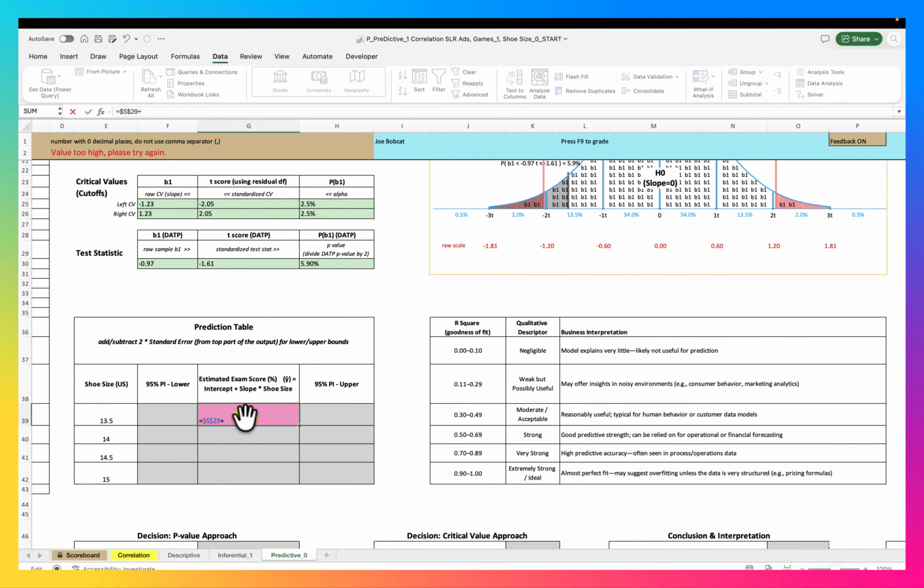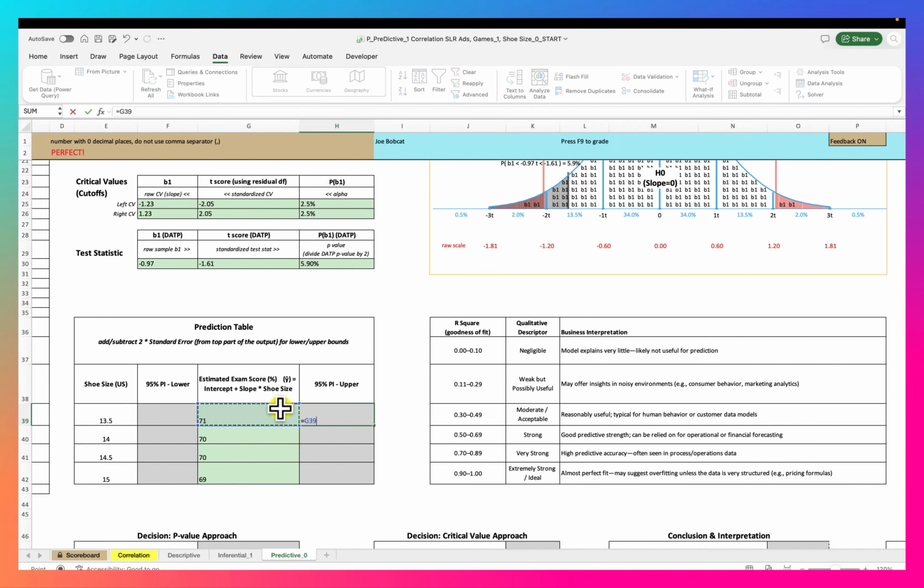Intercept plus the slope times the shoe size. Lock that too. Times the shoe size. And copy that down.